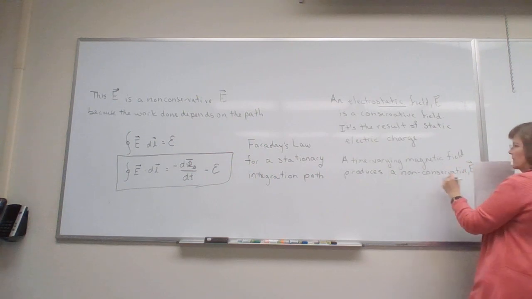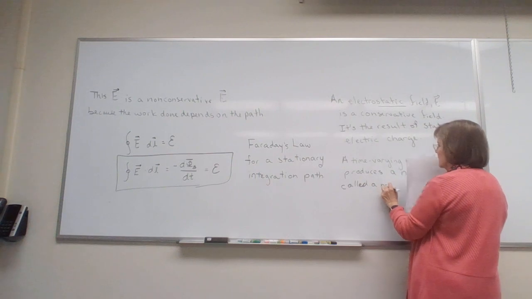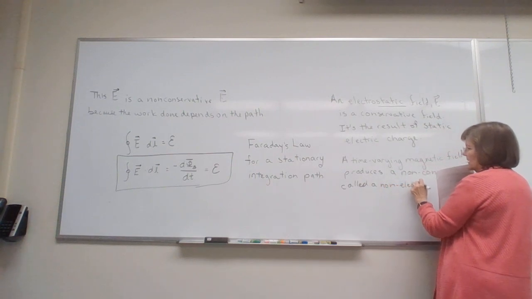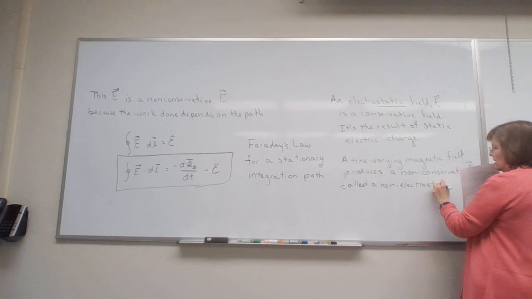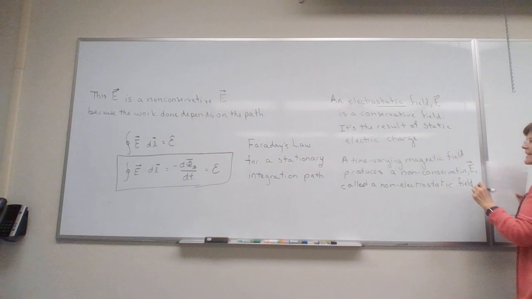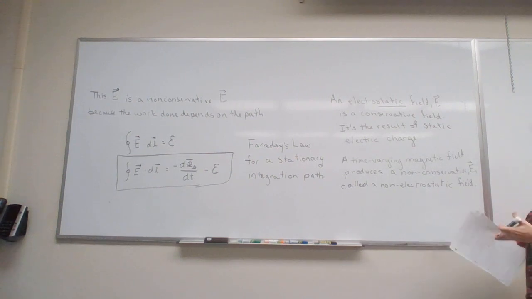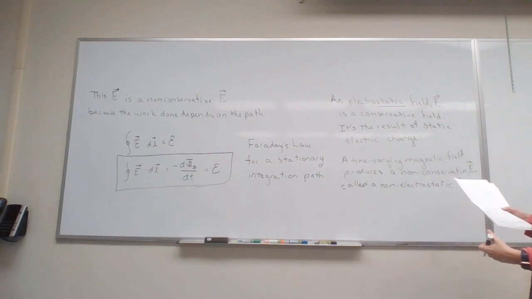This non-conservative electric field is called a non-electrostatic field. So it's an electric field, but it's different than the electric fields we studied back at the beginning of the semester when we had stationary charges. These stationary charges had these static electric fields. When you have this time-varying magnetic field, it actually causes an electric field, but it's a non-conservative electric field.